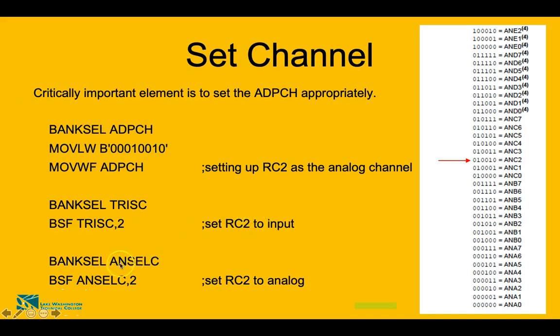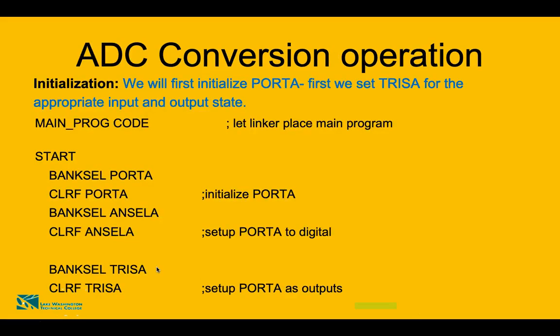All right, so after doing that, you will select BANKSEL ANSELC. You remember I told you there are so many ANSELs: ANSELA, B, and C. And in the last slide, we used ANSELA, which was used to define port A as digital, and TRISA was used as digital output, defining output.